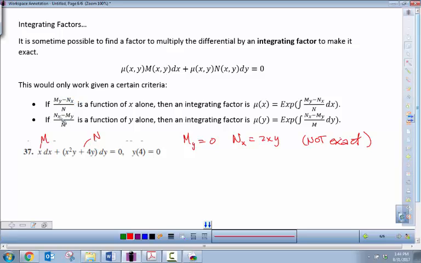So now what we want to do is find the ratio of this thing to see if any of them would turn out to be a function of just one variable by itself. So let's try M_y minus N_x divided by N. So M_y is 0 and N_x is 2xy, and you divide by N. Oh, that doesn't look nice.